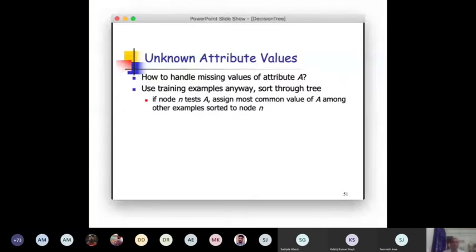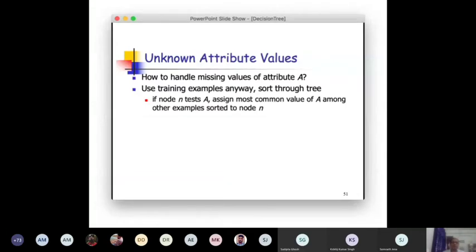So one of the methods could be that you consider the most common value of A among other examples sorted to node N. Suppose it can have two types of missing values. One is that in the examples itself the values are not there. The other is that somehow due to noise or something else, that attribute value is not captured. So it's a kind of question mark on that attribute value.